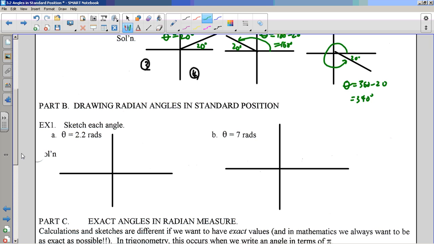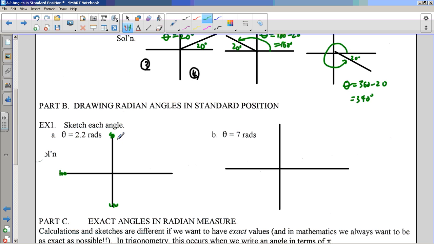Okay, drawing radian angles in standard position. Here it asks me to sketch each angle. This was easy when it was in degrees, because we knew the cutoffs. This was 90 degrees, this was 180, this was 270, and this was 360 all the way around. But it's kind of hard to know the cutoff points in radians.